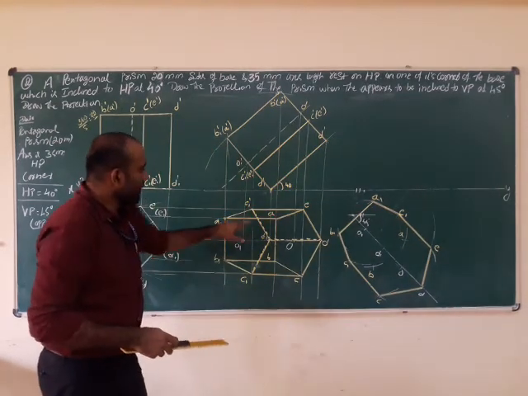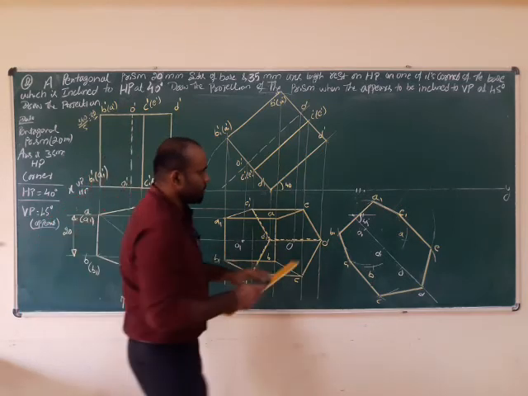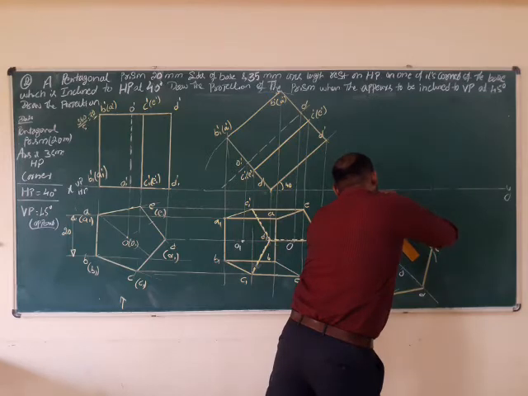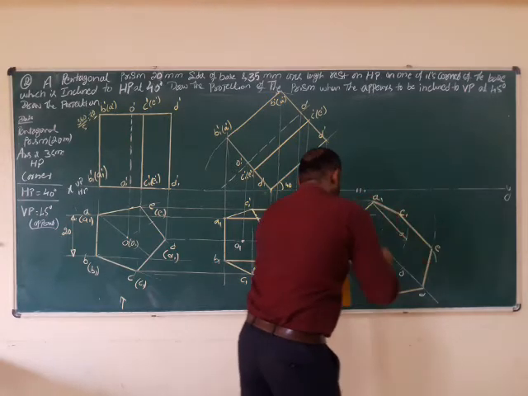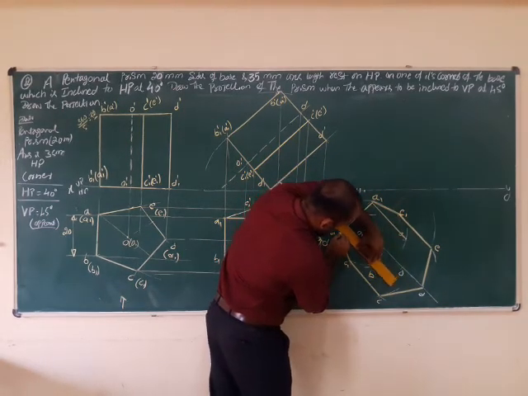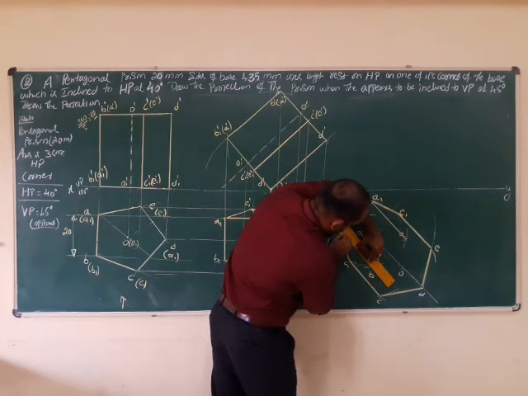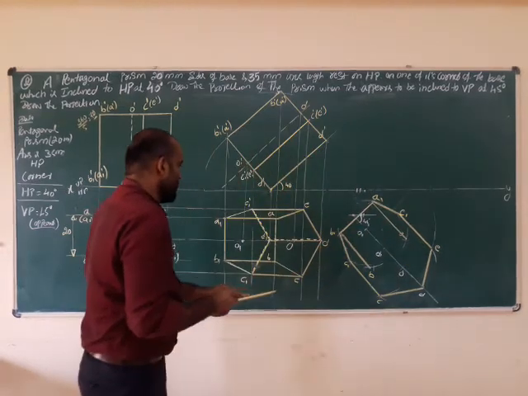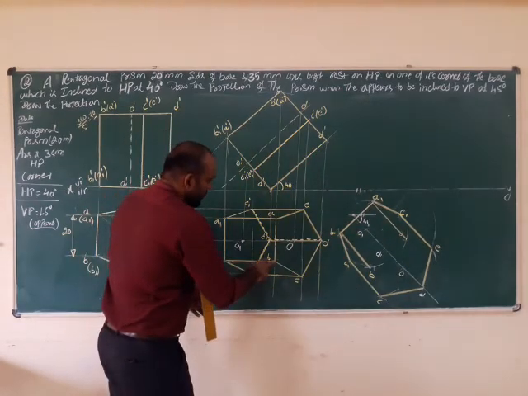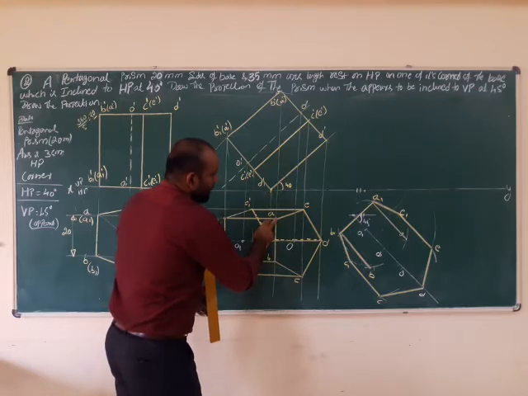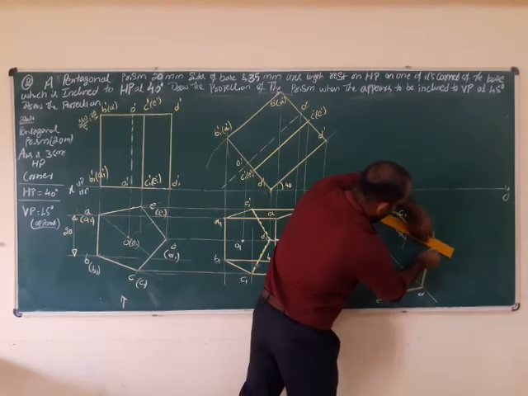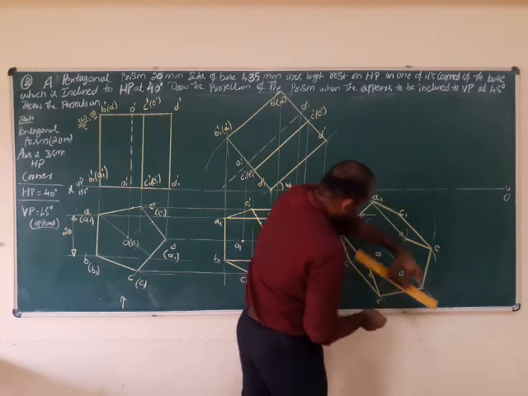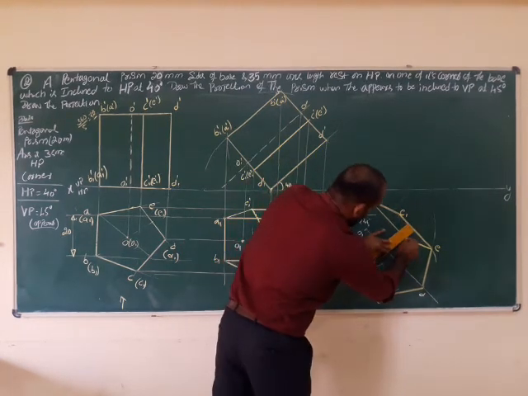Same, A1 to A, B1 to B join. So A1 to A and B1 to B. Next, A is joined to E, B is joined to E. You have to join A to.